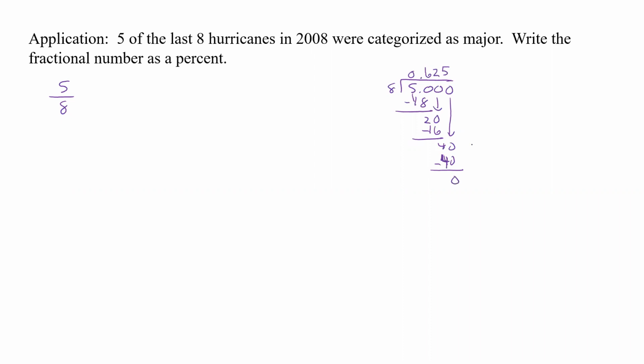Subtract that, that's 0. So this is equivalent to 0.625. So now I know that if I take that number, move the decimal 1, 2 places to the right, and add a percent, 62.5%, that will give me the equivalent percent from that fraction.